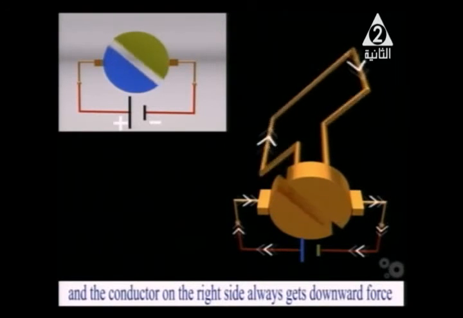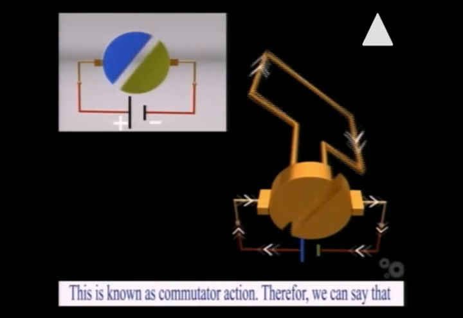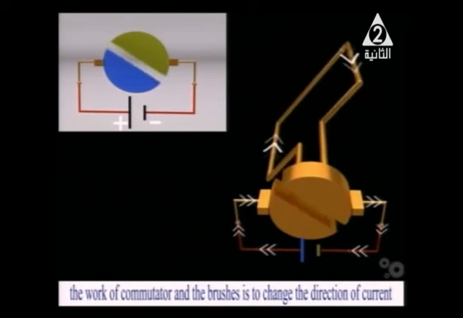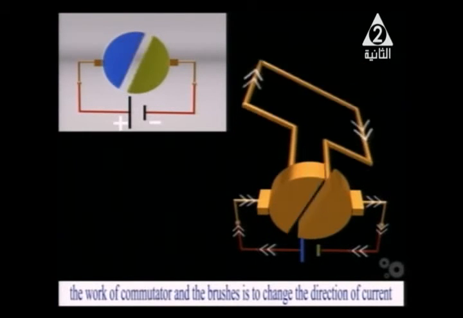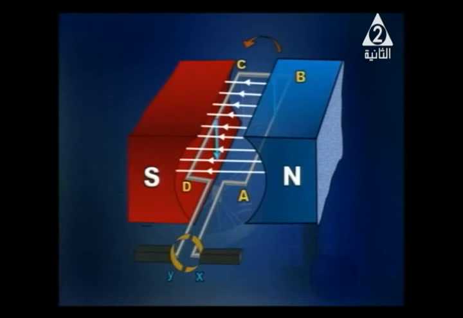The current, therefore, reverses in the coil, and consequently the directions of the forces on the sides of the coil are reversed. In this way, the coil will move in one direction. It is shown in front of you right now how the two halves switch over.